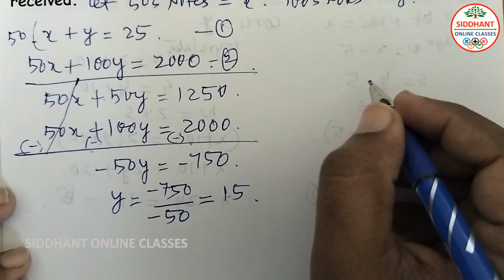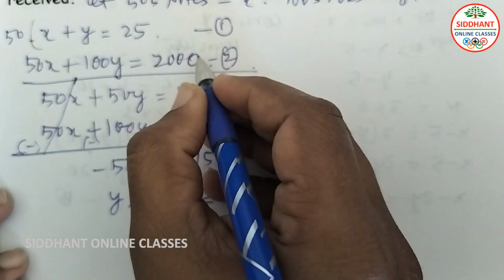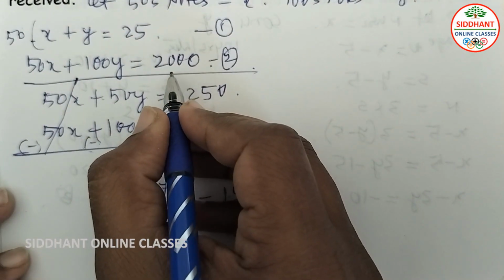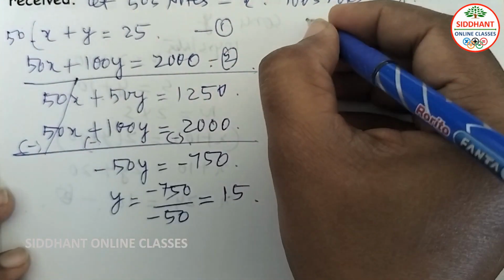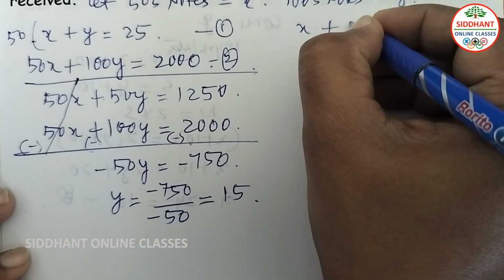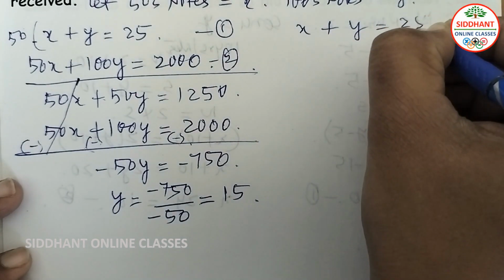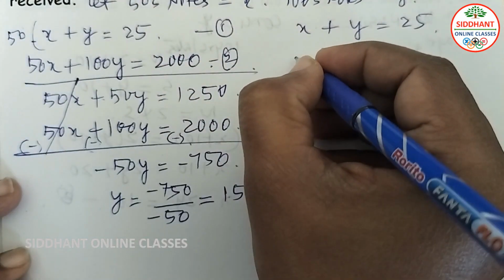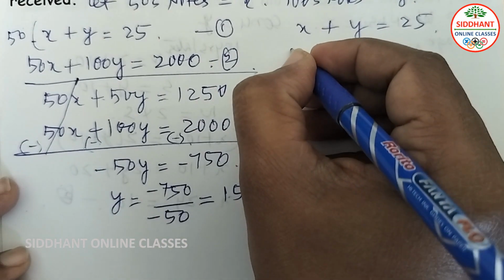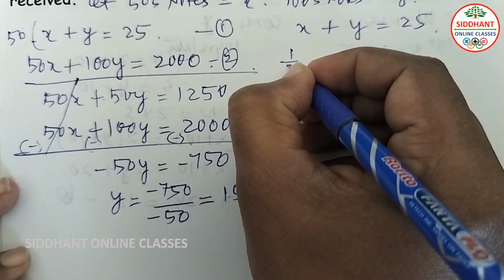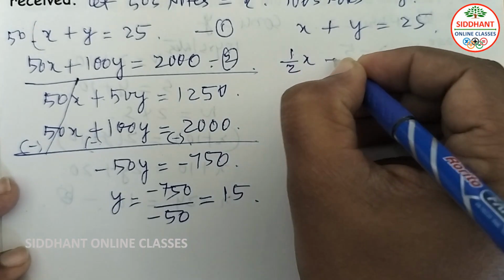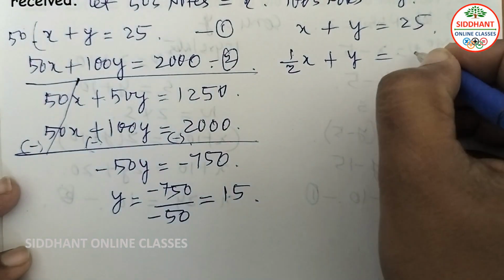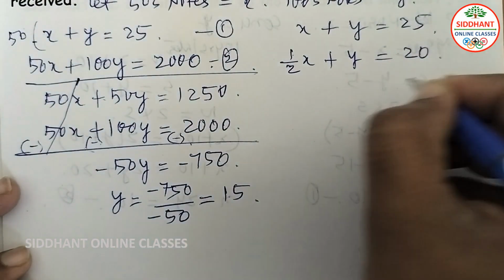Now checking the x here. So now if you are going to multiply or divide the second equation by 100. The first equation we see is x plus y equals 25. Now the second equation, if you divide by 100, we will be getting 1 by 2 x plus y here, and 2000 by 100 we get 20 here.